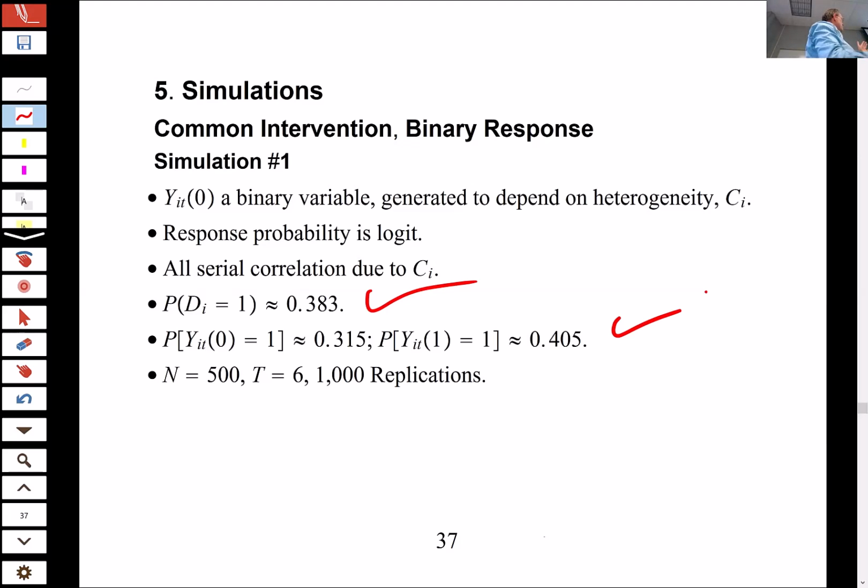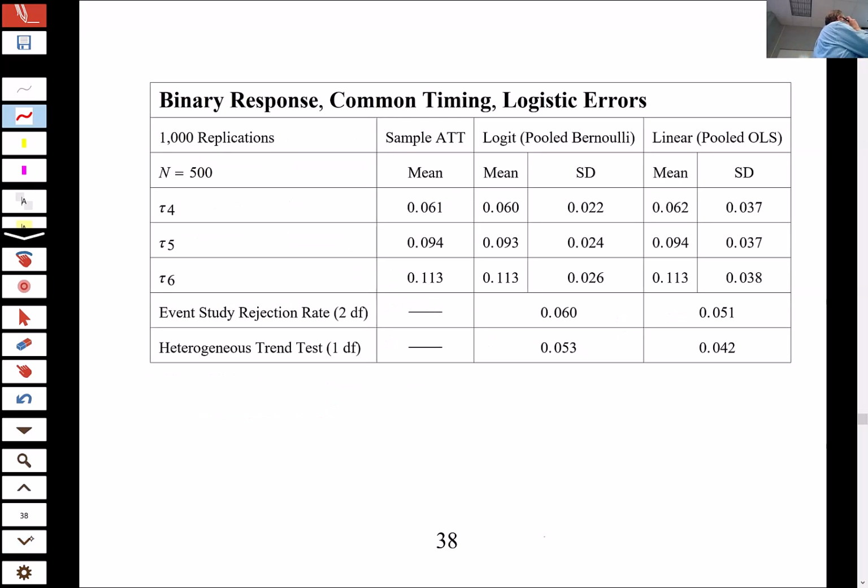The unconditional probabilities are about 0.315 and 0.405. N equals 500, T equals 6. Okay, so these are the targets. These are the average treatment effects in the sample, averaged across 1,000 replications, so they've got to be very close to the population values.